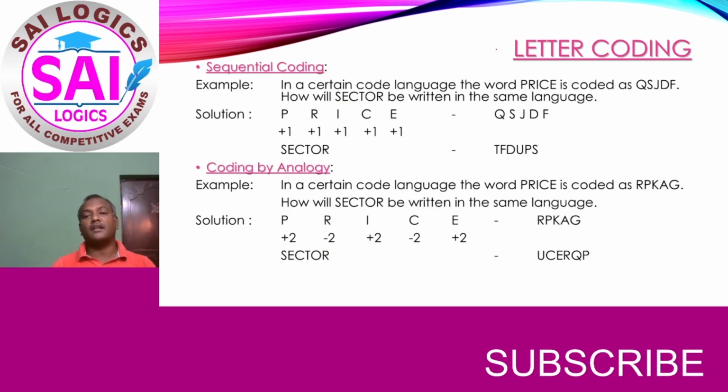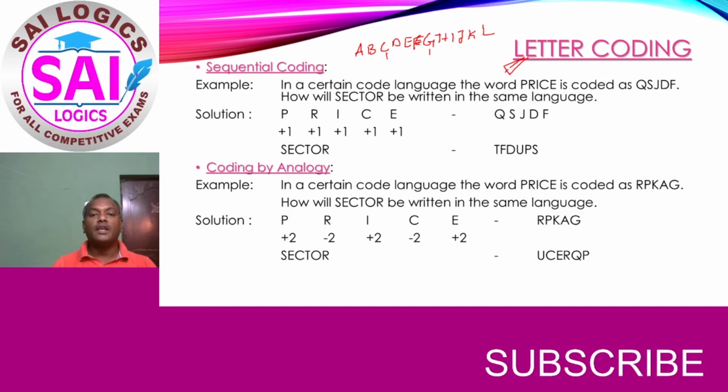Let us understand and learn the types of coding which was discussed at the start of the video. Our first type of coding is letter coding. Letter coding means an alphabet is coded with another alphabet. So let us see what are all the chances that alphabet can be coded with another alphabet. See, for example, these are the alphabets. If alphabet C is coded as G, so what shall be the rule involved in coding from C to G?